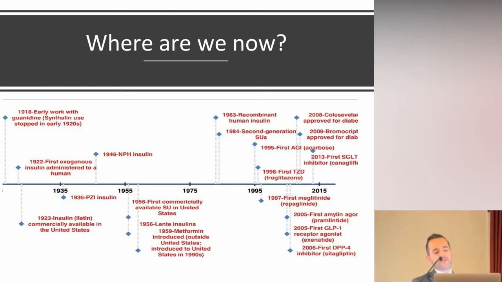I'm going to end, over the next 3 or 4 slides, with where we are now. We are 100 years from the year the first patient was treated with an exogenous source of insulin. That was in 1922. And look where we are now over the last 100 years. I sometimes even have a hard time keeping up with all the drugs that are becoming available for treating patients that have diabetes.